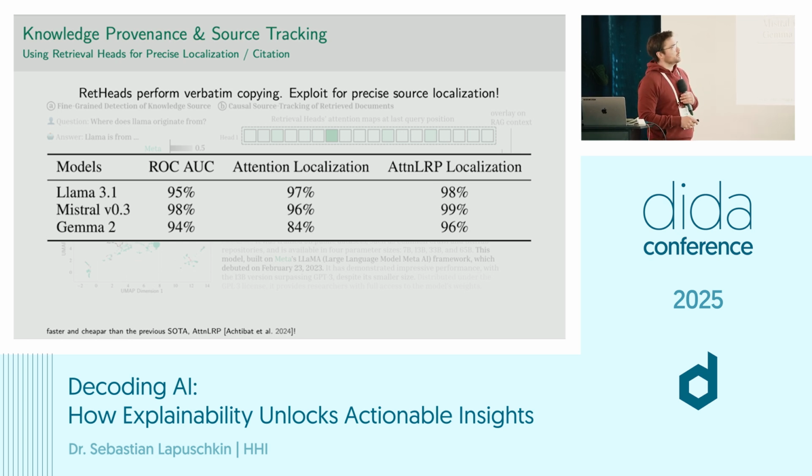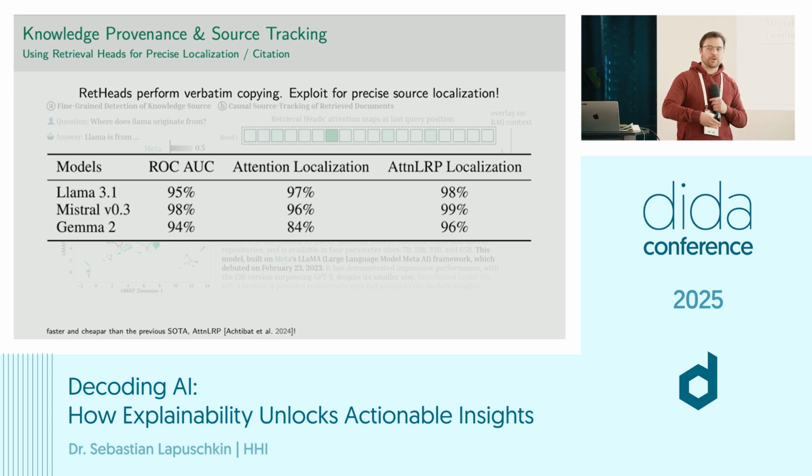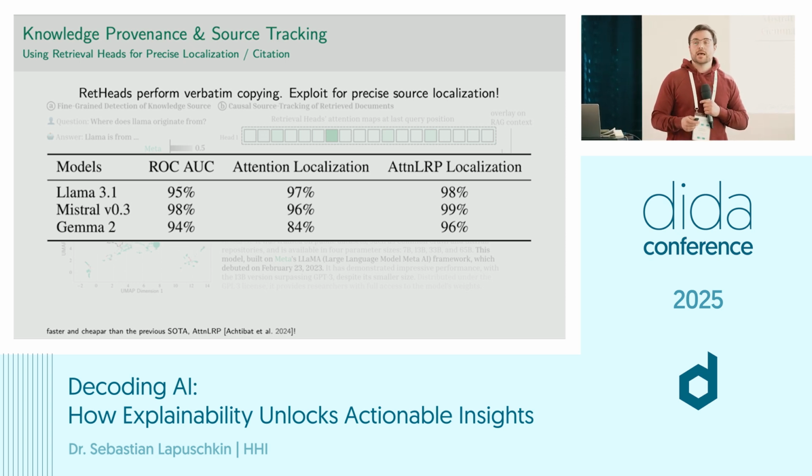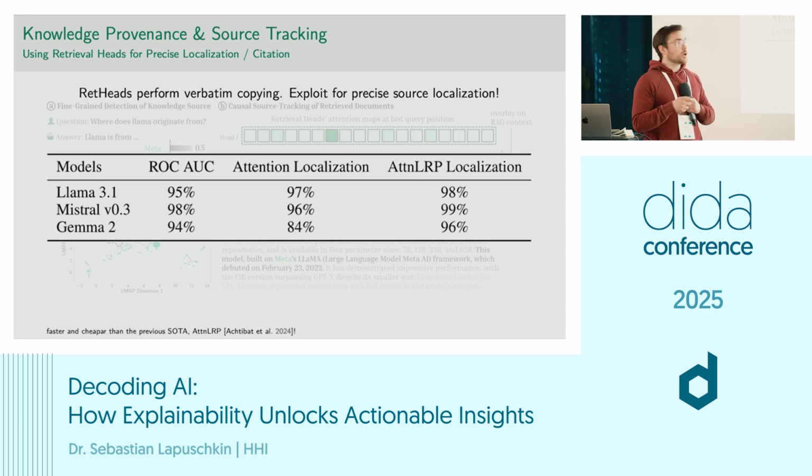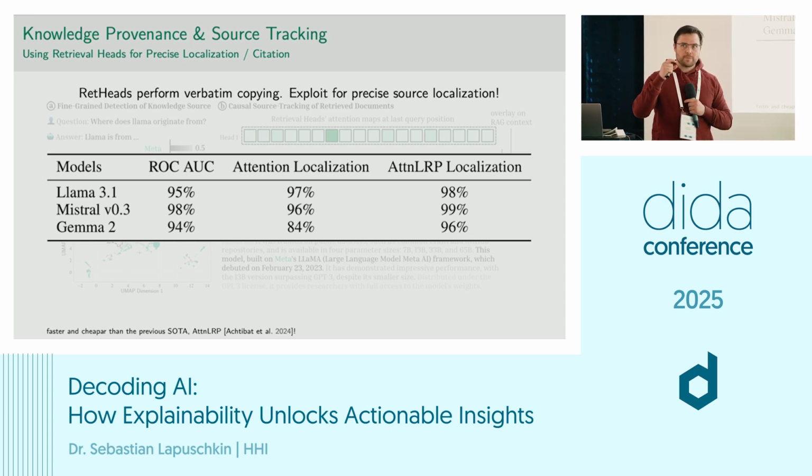Contrastingly, we used AttnLRP localization, which is derived from a paper we published last year, as a baseline. So what you see is our probe here performs a little bit worse. So why am I showing this actually? The point is, AttnLRP localization does not explain or does not directly use the activation of the retrieval heads, but it works like this.